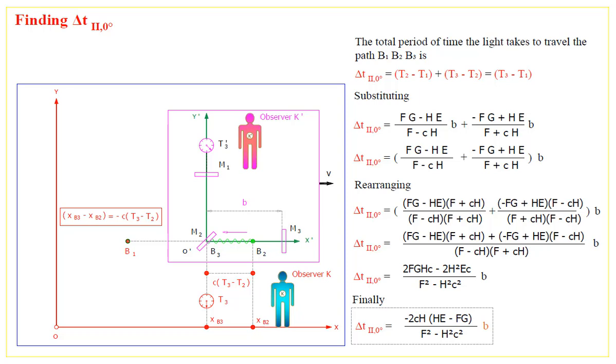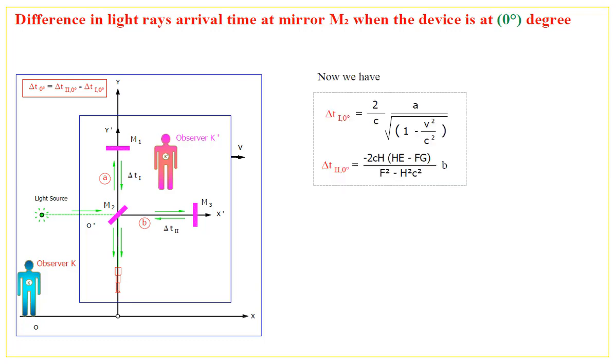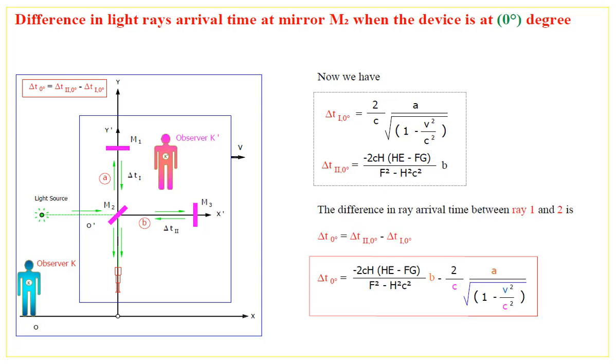Finally, the difference in light rays arrival time at mirror M2 when the device is at 0 degrees. Now we have delta T1 at 0 degrees and delta T2 at 0 degrees. The difference in ray arrival time between ray 1 and 2 is delta T0.